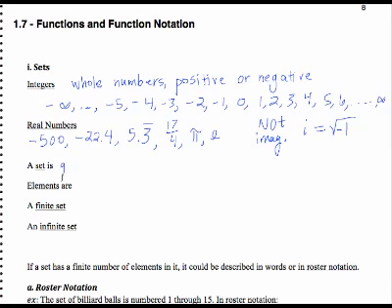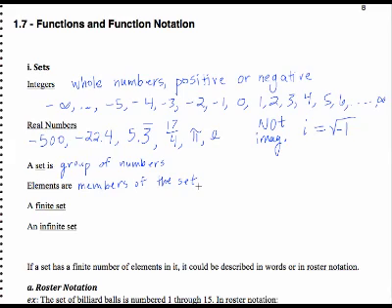A set is just a group of numbers. Really, more generally, it's a group of objects, but in math, it's a group of numbers. Elements are members of the set. Some sets have a small, countable number of objects or numbers in them. That's finite.